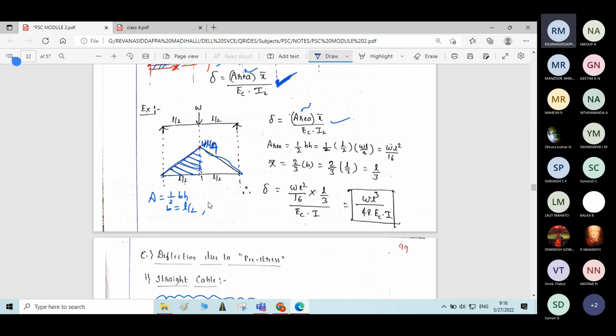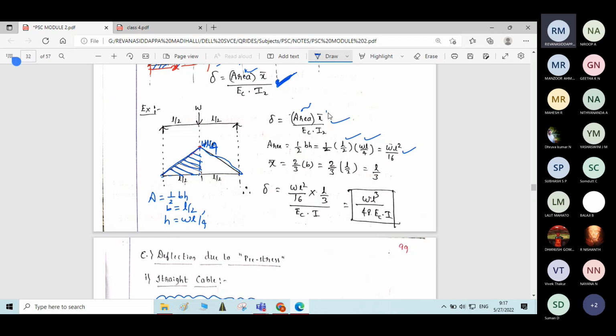Substituting half into L by 2 into WL by 4, finally we get area as WL square by 16.